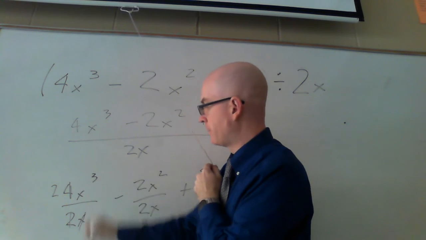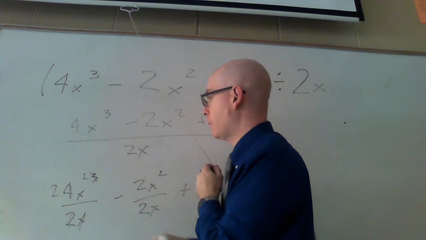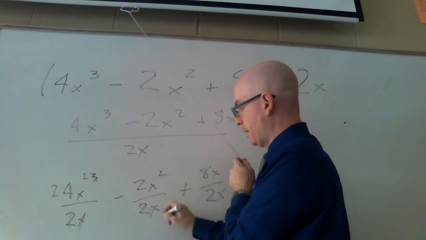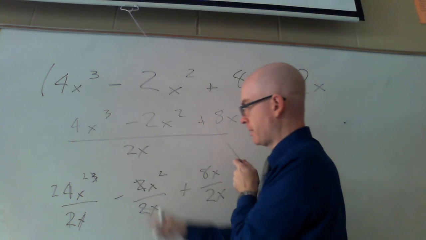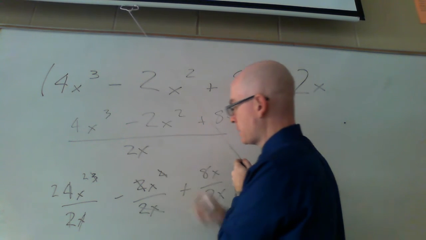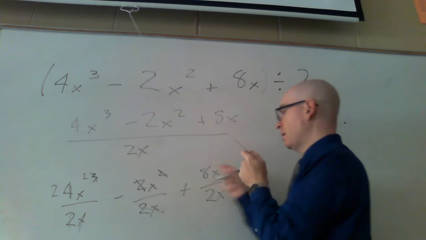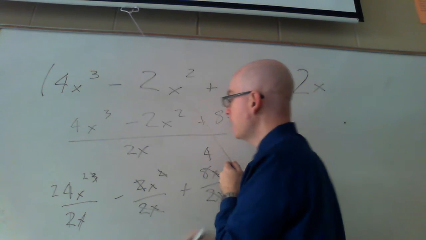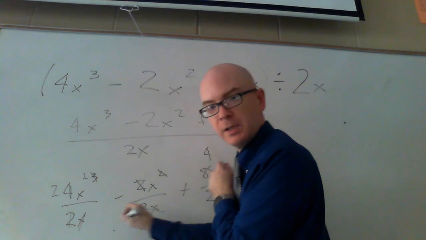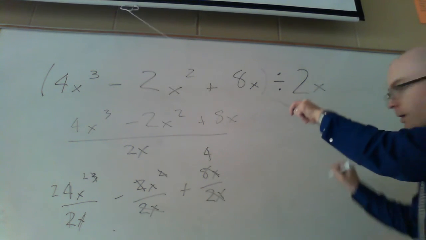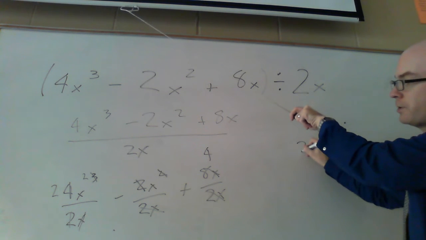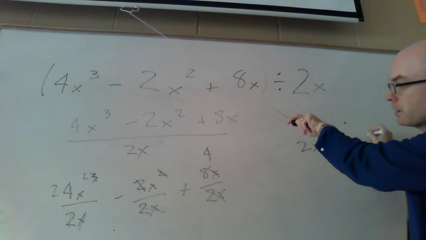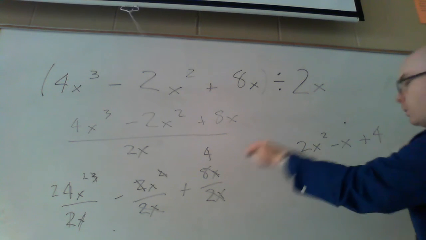However, I've got an x term down there, which makes that 2x squared. 2x is factored out of 2, and then that squared term becomes just x, and then 8x divided by 2x, well, that's just 4. So that leaves us with 2x squared minus x plus 4.